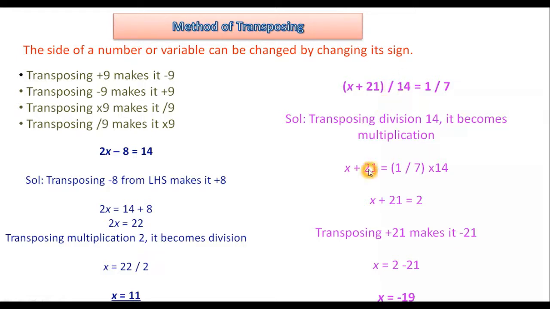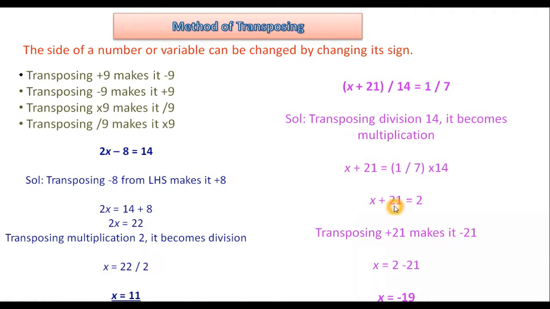So x plus 21 as it is, 1 divided by 7 as it is, but we are going to write 14 on the right side because we have changed its side. But this time it will be in multiplication, okay, because after changing sides the signs get changed. x plus 21 as it is, 14 divided by 7, that is 2, so we have written here 2.